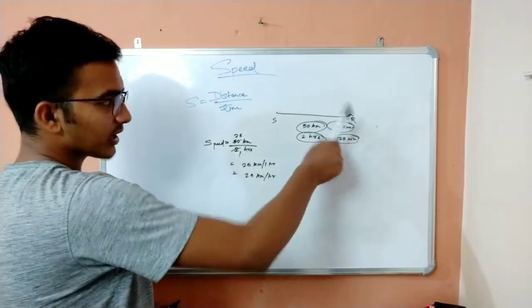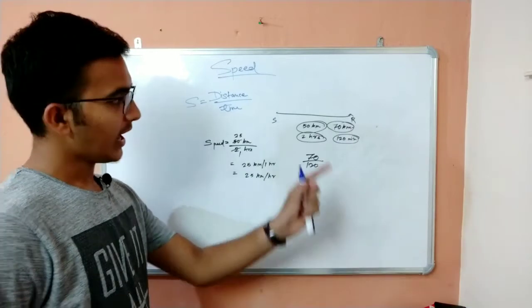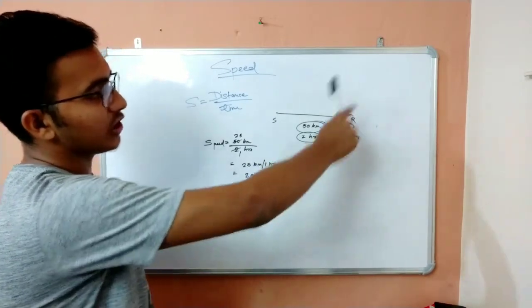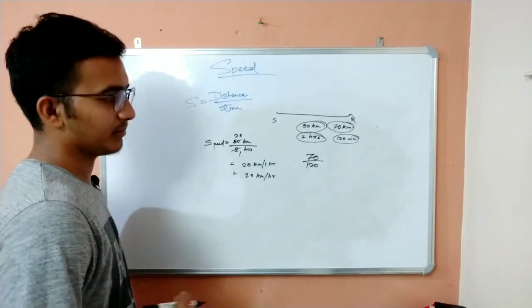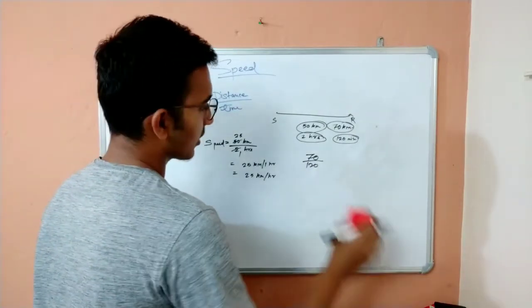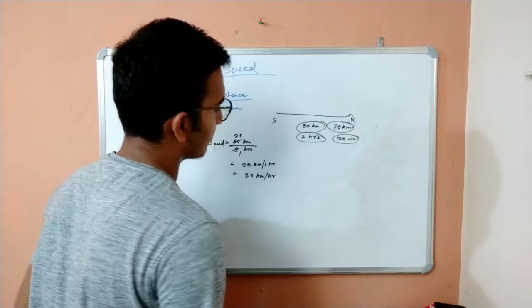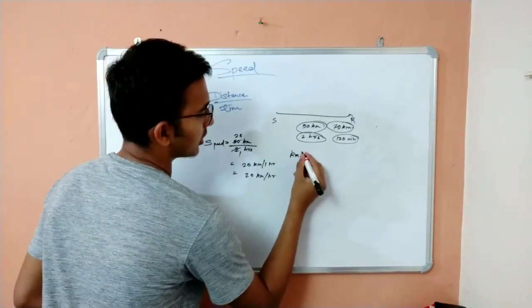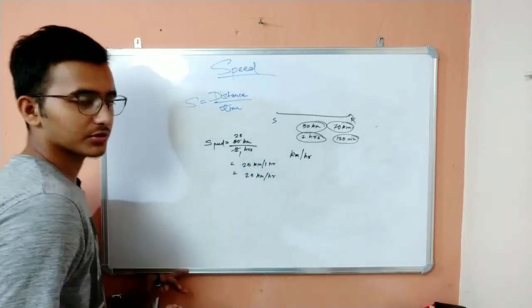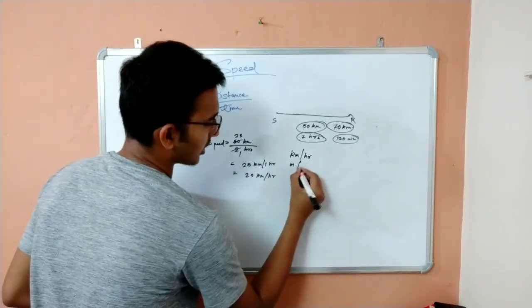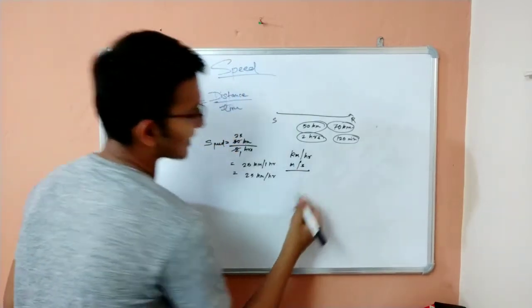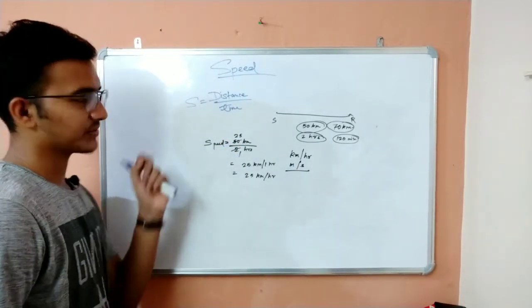Either you convert kilometers to meters and minutes to seconds, or you convert minutes into hours. That will be better. So always keep this in mind. When you write something in kilometers, it's always better to write in hours. When you write something in meters, it is always better to write in seconds. Why? Because this is the SI unit of speed.